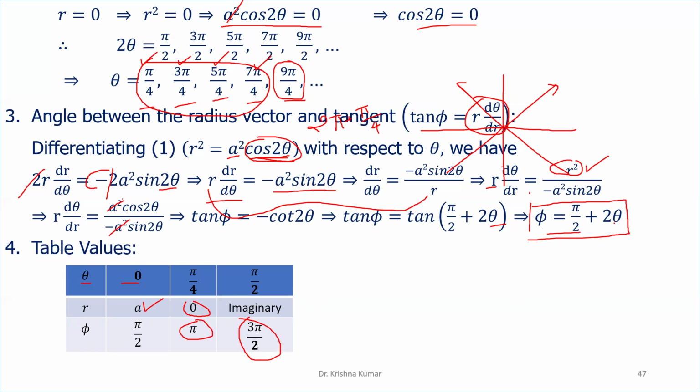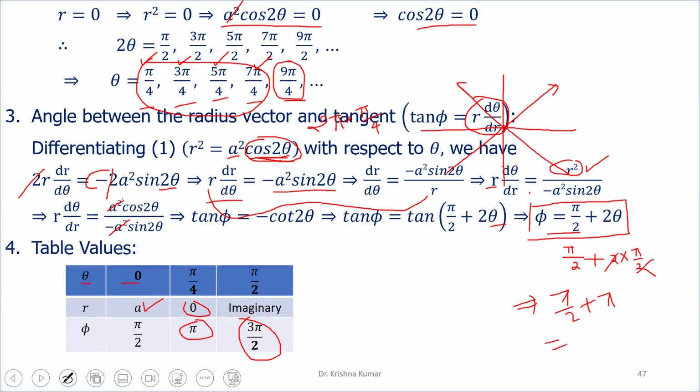If you put theta equal to pi by 2, we have pi by 2 plus 2 times pi by 2, this 2 will cancel. We have pi by 2 plus pi, which is given by 3 pi by 2. So the tangent at pi by 2 is nothing but 3 pi by 2.